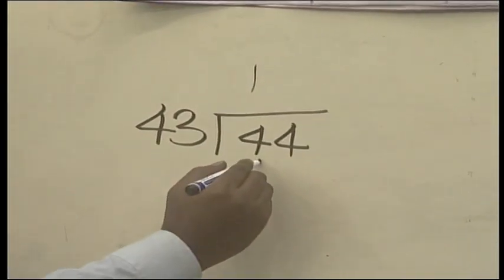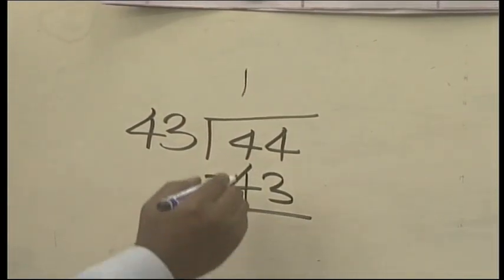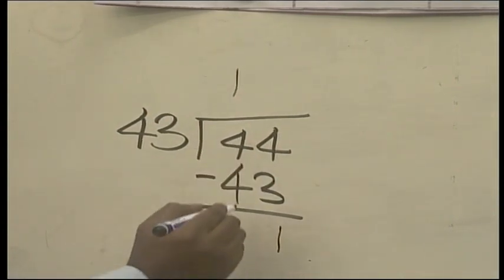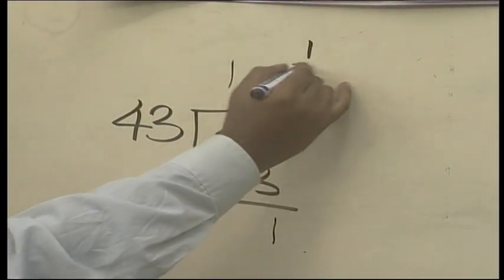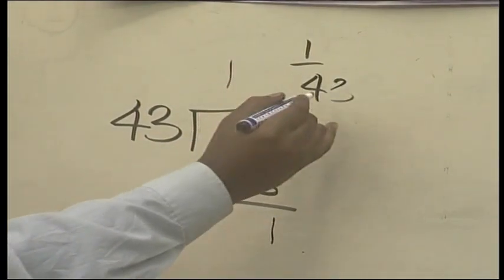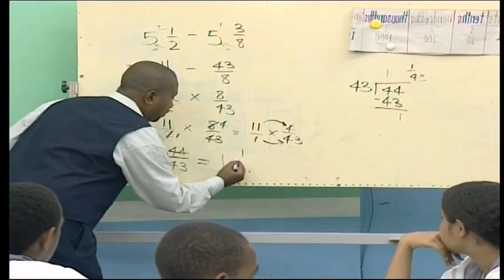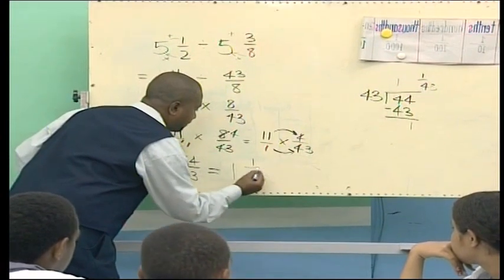Once. 43 times 1 equals 43. Subtract. 4 minus 3 equals 1. 4 minus 4 equals nothing. So the remainder will be written up there as a fraction. So we have our answer: 1 whole and 1 over 43.